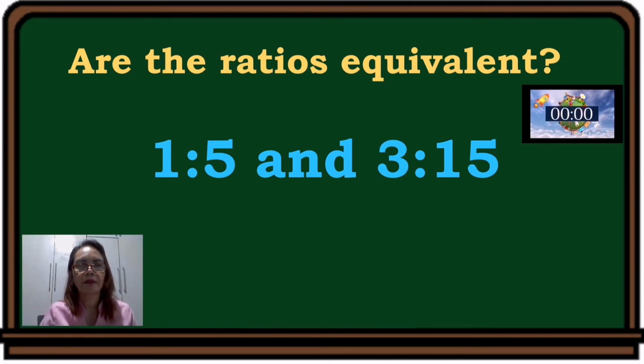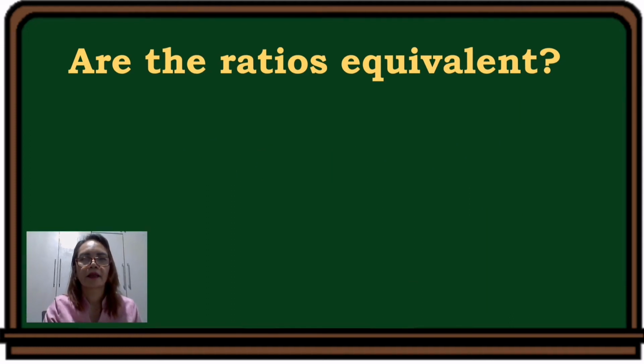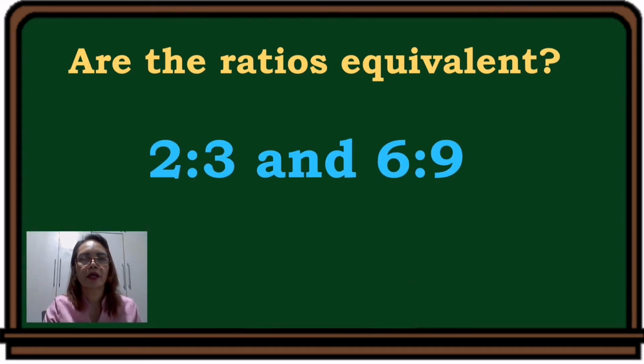Okay, time is up. Your answer is? Yes. Okay. Number 2. Are the ratios equivalent? 2:3 and 6:9. Timer starts now.